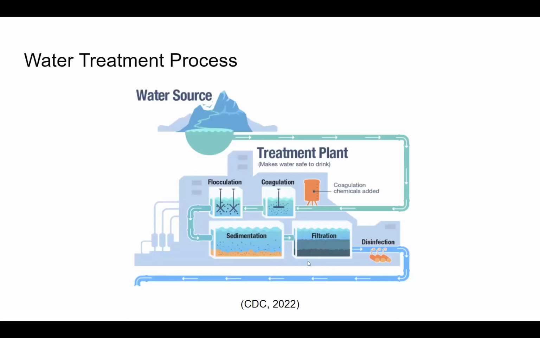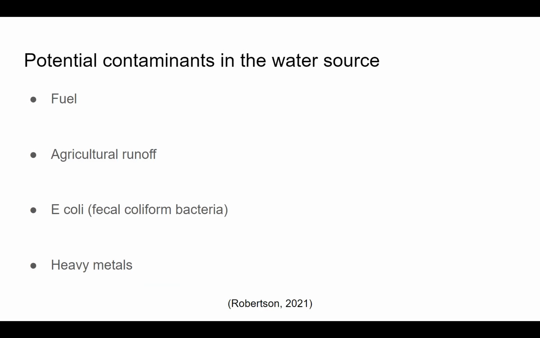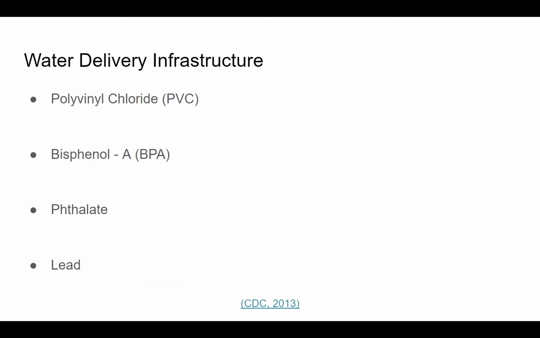A lot of these filters are going to be made out of things that are plastic, and the pumps are going to have plastic components. A lot of them will be metal as well, but like we're going to see, heavy metals are also a potential form of pollution. And there are lead pipes that are still in use today, though they are no longer being added into new pipes. Some of them are still in use.